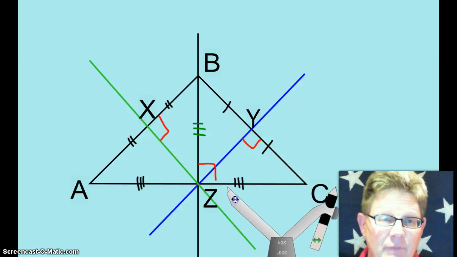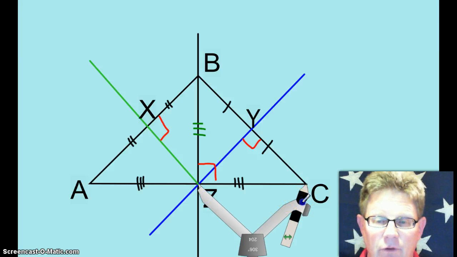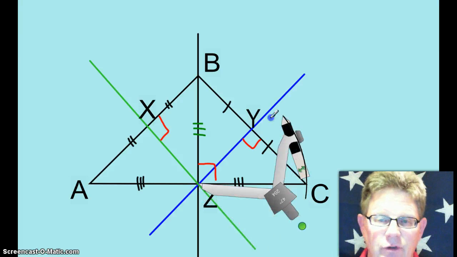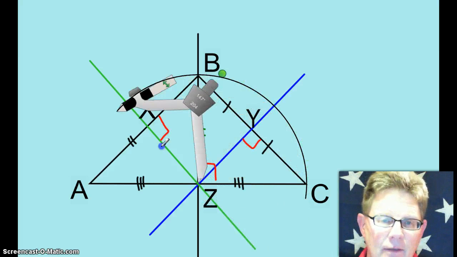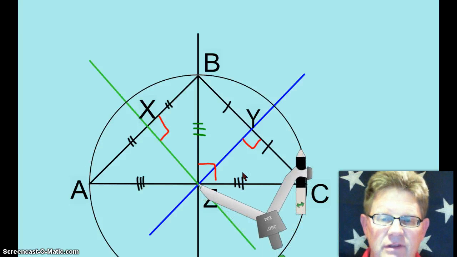And I have my handy dandy compass here to show you that it is actually equidistant from the three vertices. So I'm going to draw this circle and notice that it hits all three vertices.